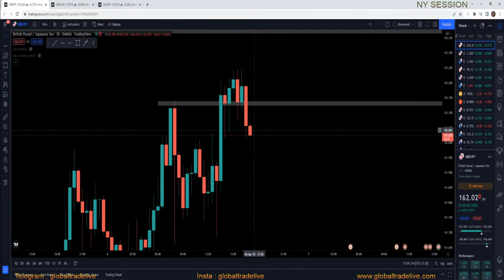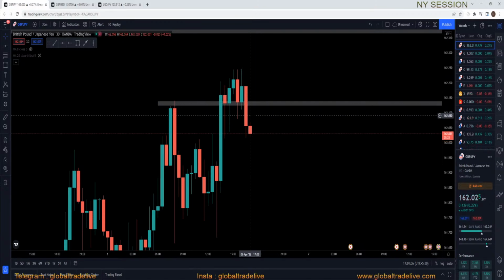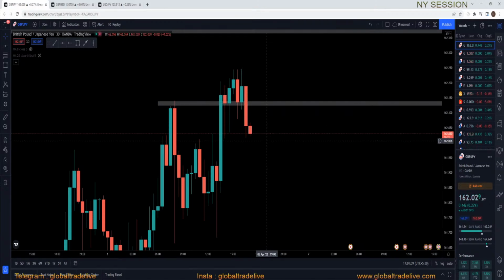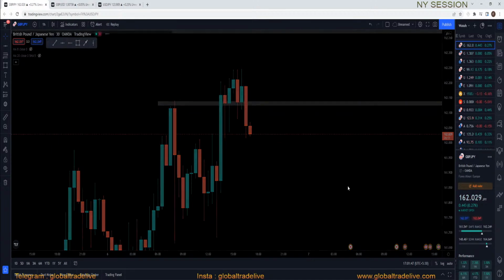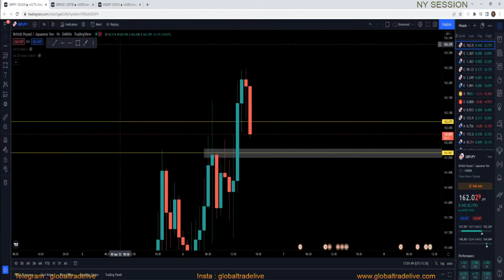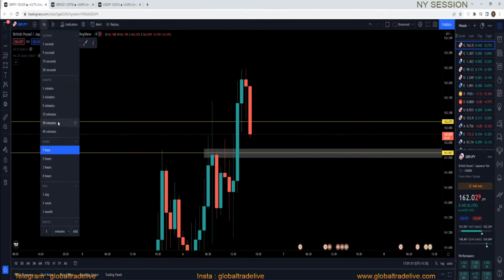If I see a resistance formation below this one, then yes, I can take a trade in this area. But if it just goes up like this, I'll stay out of it. Yeah, I'll just stay out of this.